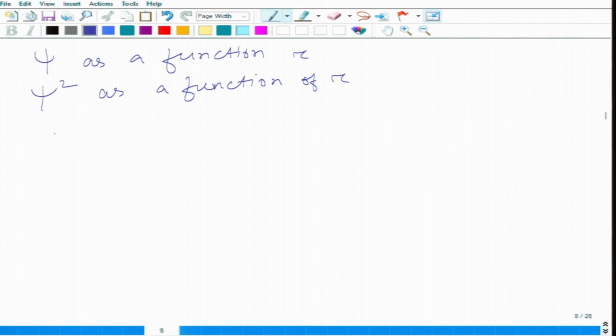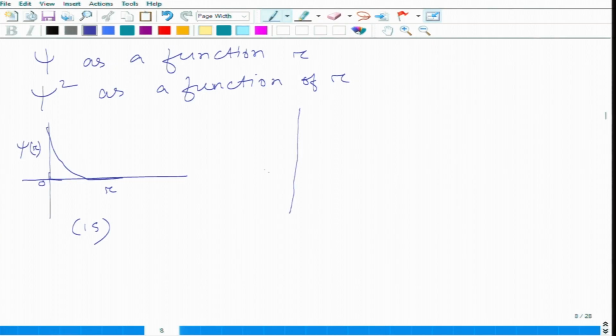Now if we plot for 1s, we see that the graph comes like this. This is 0. Okay. So this is psi versus r for 1s.